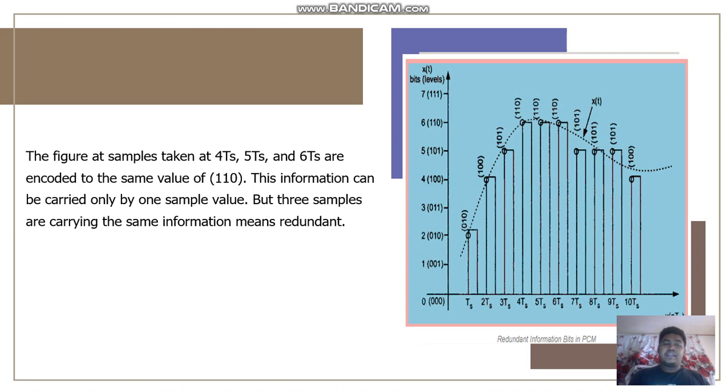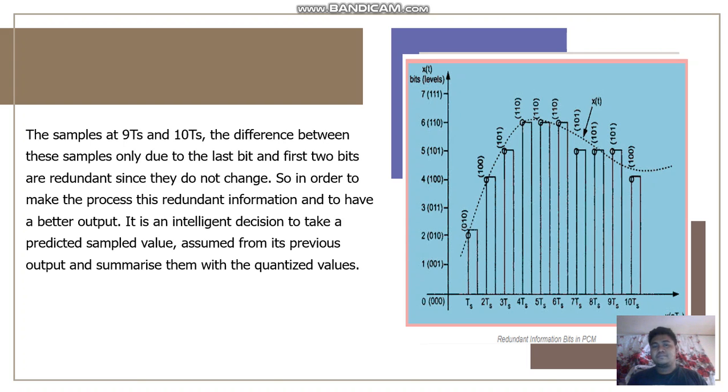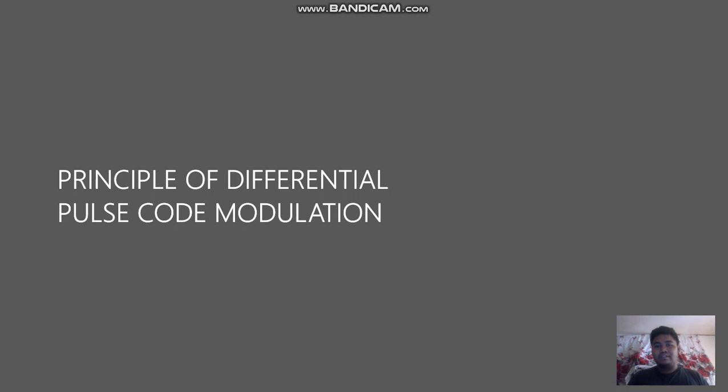This information can be carried by only one sample value, but three samples are carrying the same information, which means it is redundant. For the samples at 9Ts and 10Ts, the difference between these samples is only in the last bit, and the first two bits are redundant since they do not change. So in order to process this redundant information and to have a better output, it is an intelligent decision to take a predicted sample value, assumed from its previous output, and sum it with the quantized values.